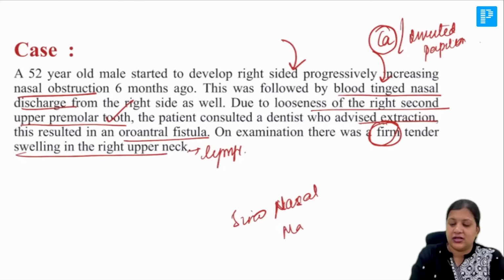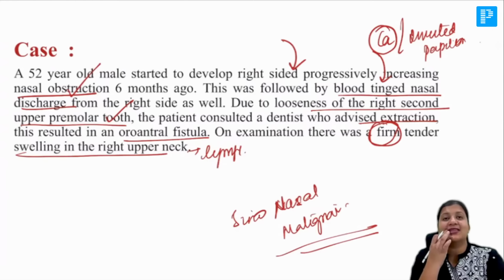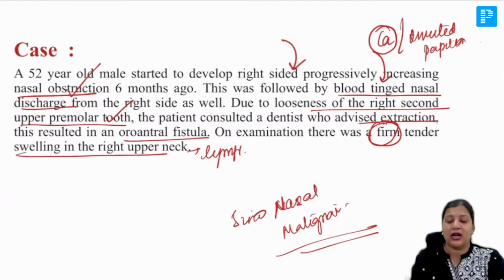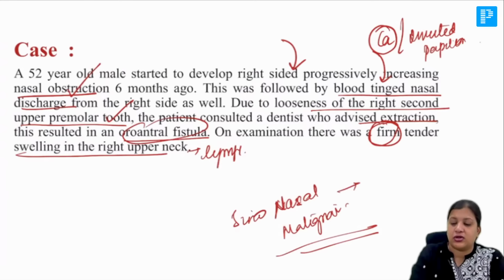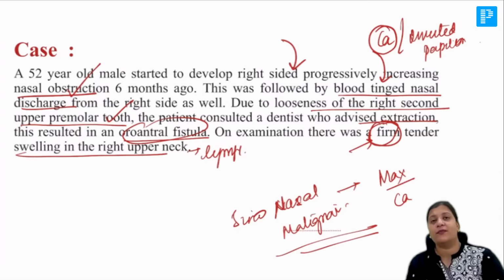So sinonasal malignancy will present to you with obstruction, blood stained discharge. If there is a maxillary sinus cancer, there will be loosening of the teeth and oroantral fistula. So now we can localize it as a maxillary CA. And on examination, firm lymph node suggests to you that there is a lymph nodal spread.